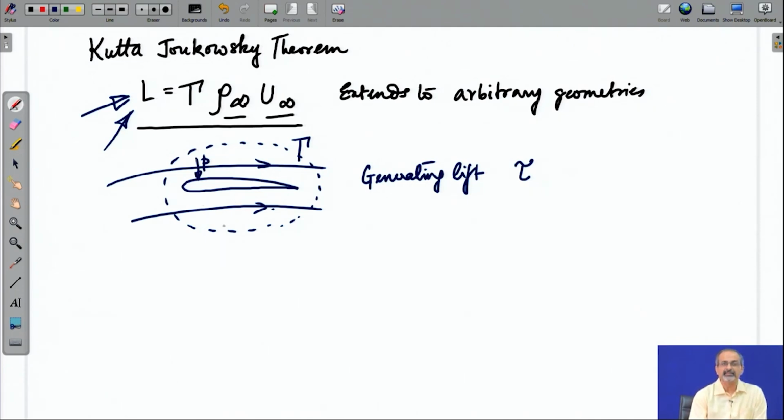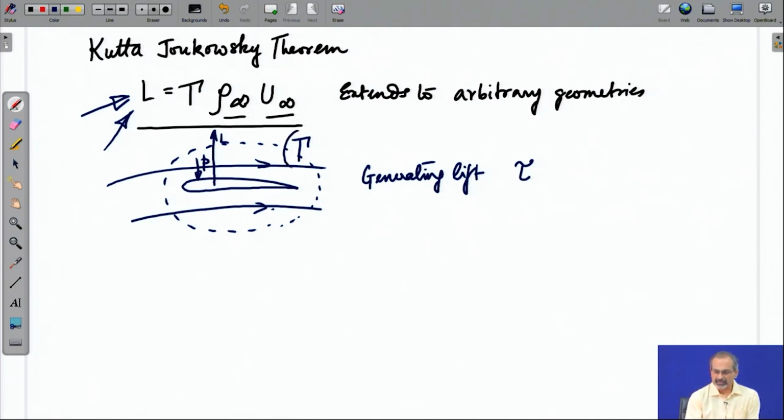This basically means that there is, on average, higher pressure on the lower side and lower pressure on the upper side that is causing the lift force. And for potential flow, we do not draw the drag force at all. Another way of looking at it is that there is a net change in the flow direction as it moves past the airfoil, and thereby there is a change in momentum which is responsible for the lift force.